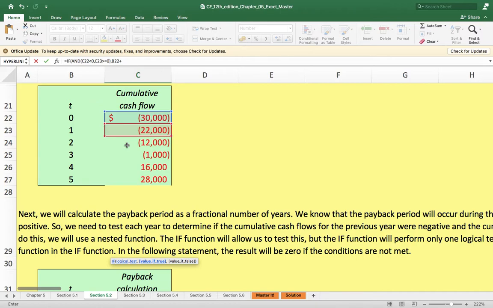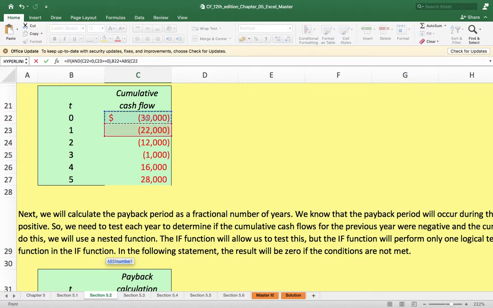In a spreadsheet, to ignore the sign, there is a function called ABS. I just click on ABS, absolute value. That means ignore the sign. ABS of what? C22, this one, because the previous year is the payback period.